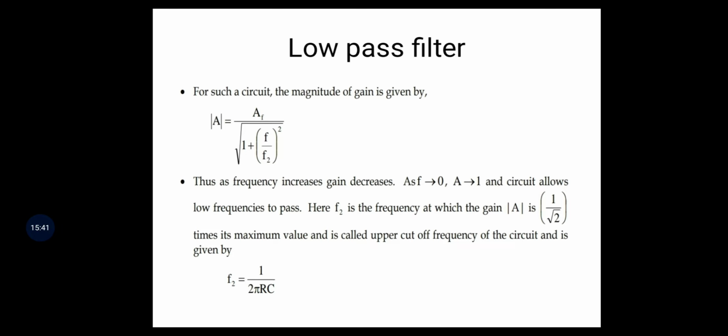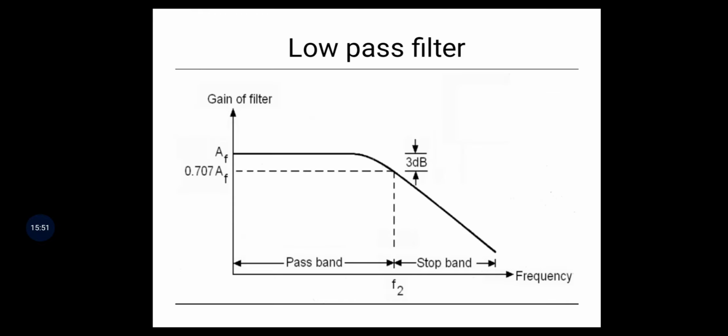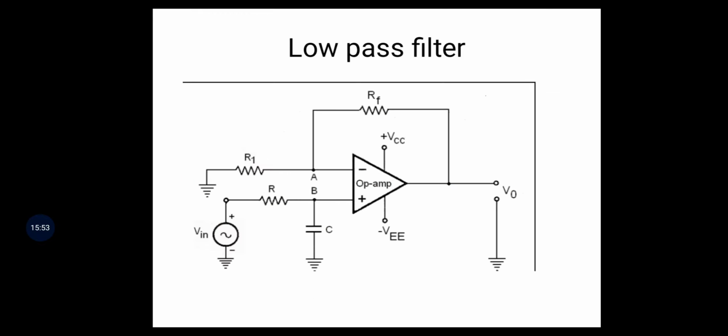Here is an active low pass filter with a single RC network connected to the non-inverting terminal of the op amp. The input resistor Ri and feedback resistor RF are used to determine the gain of the filter in the pass band.